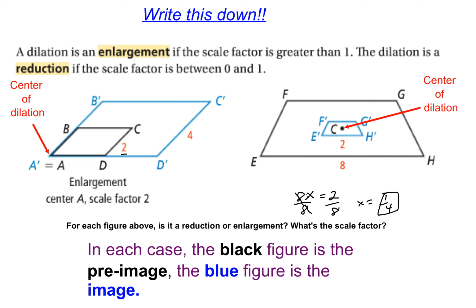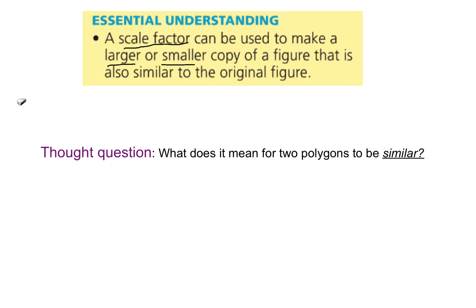So that is the answer to my question, mystery solved, and it is definitely a reduction, and my scale factor is 1/4. Okay, this is essential to understanding whether I'm enlarging or reducing something, and that is the scale factor.